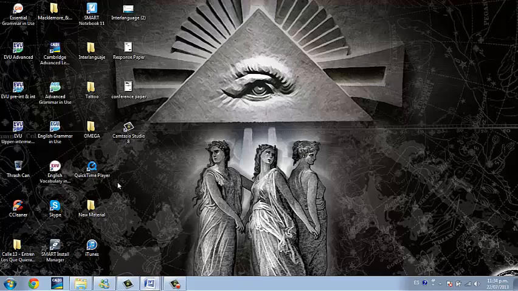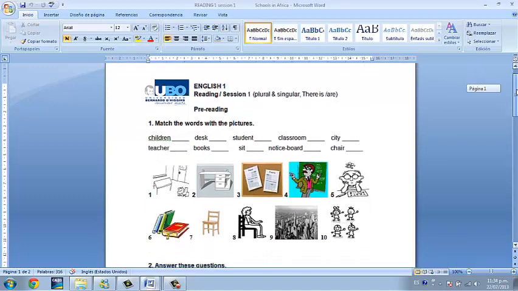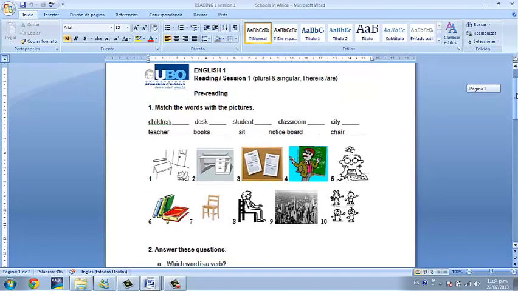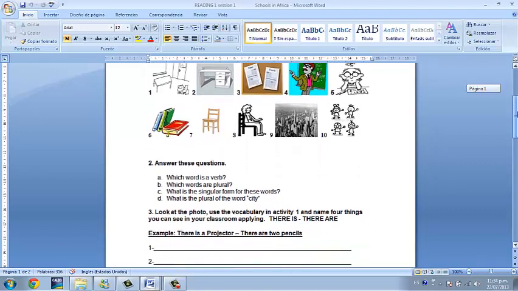Then we have English 1, pretty much the same class, the reading part, session 1, which is mainly focused on plural and singular forms, there is, there are. Here in item number 1, they need to match the words with the pictures according to the numbers and the names that are above the pictures. Then answer these questions.